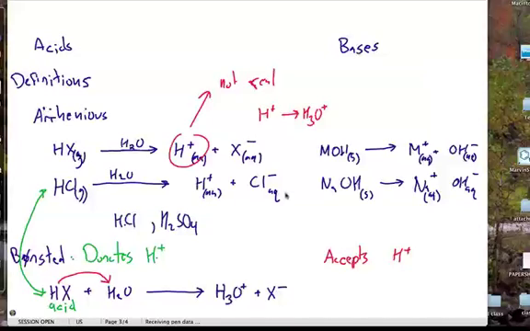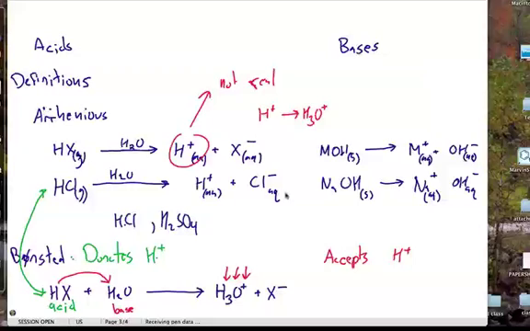And so, in this case, this would be the base. The water is acting as a base. Now, what we really then care about is how much H3O plus is created in these systems. Acids create lots of H3O plus, bases don't.